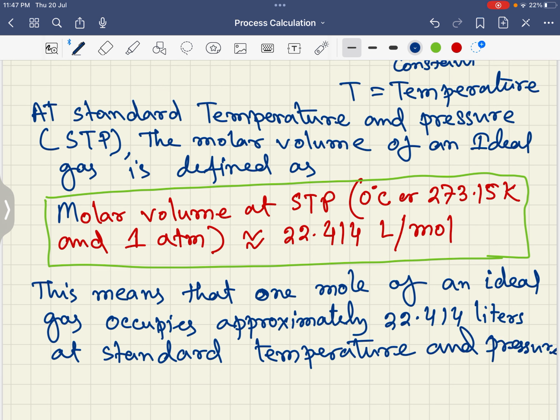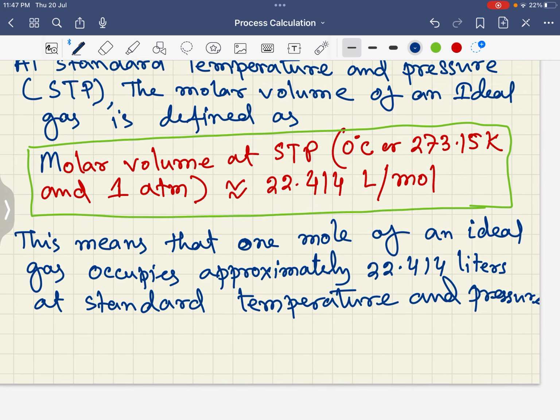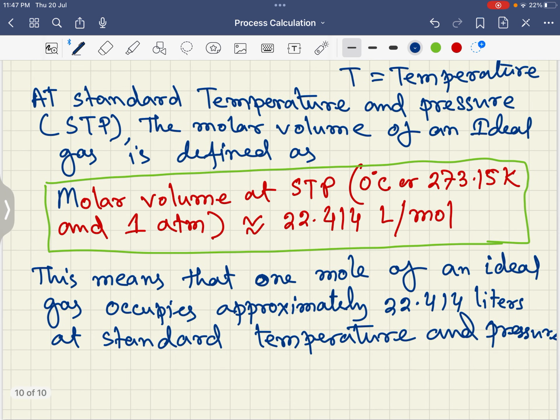So you know that. Now after knowing this, now we can calculate R. Okay.